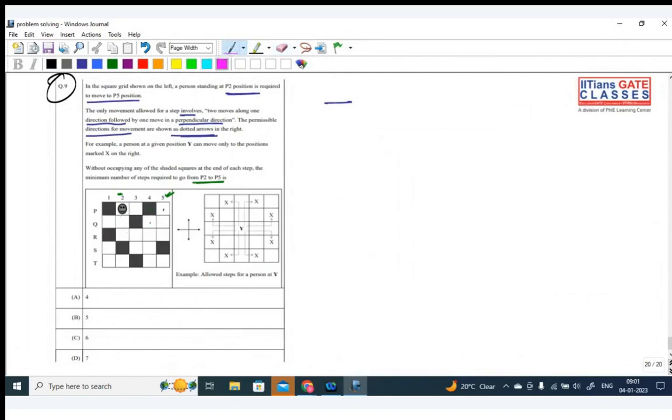Okay, so one move is done. Then you are moving here. You reached here. So how many steps are there? One, two, three, and then you move. Sorry, then you reached Q4, you can say. Then from Q4, you can move downwards as well.